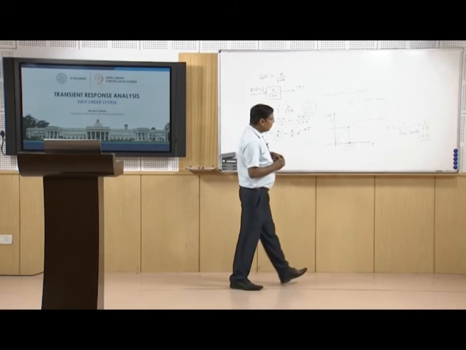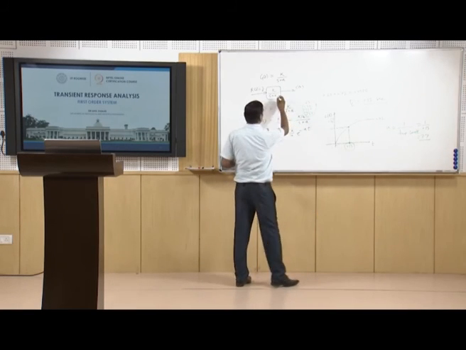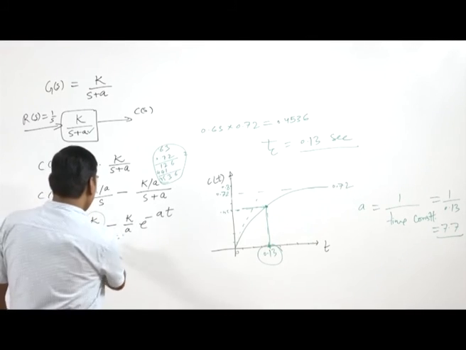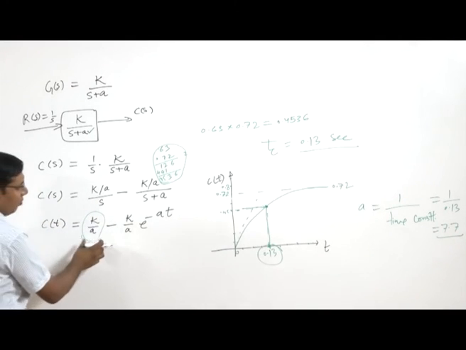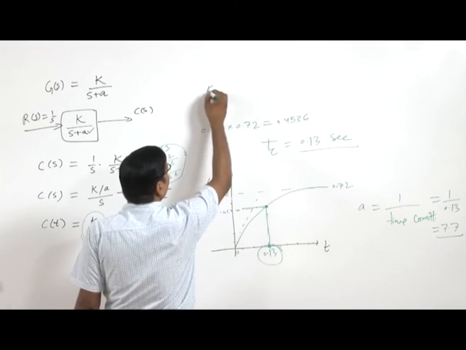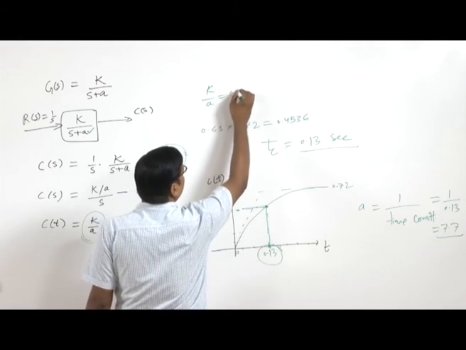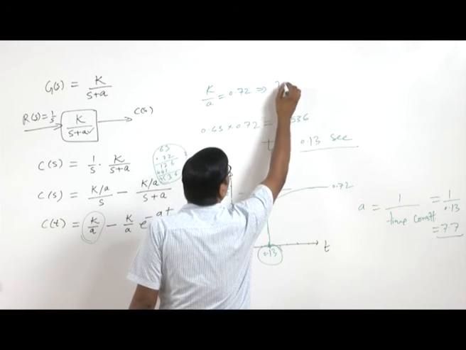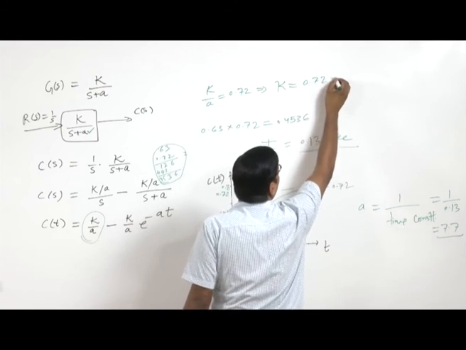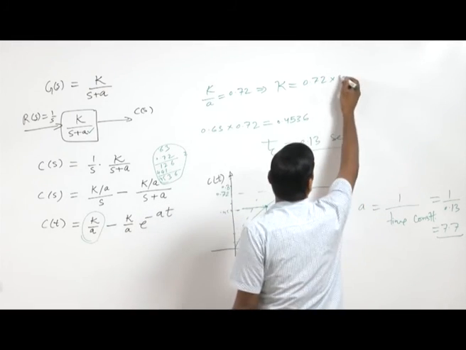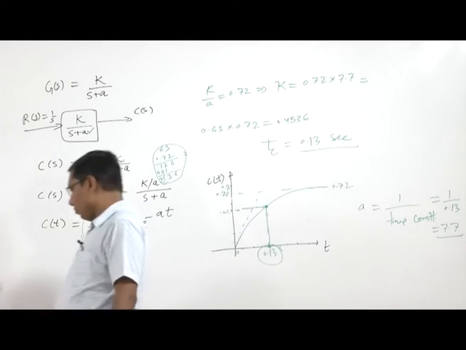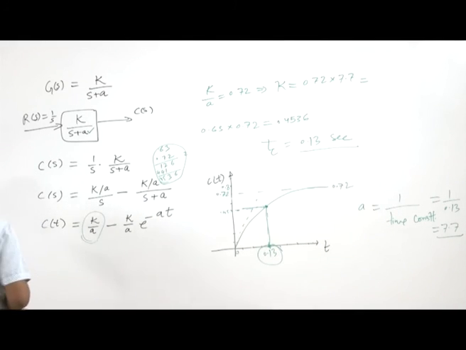Now we have got one parameter of this transfer function, a. Now we have to get k. So k by a is the forced response value, and that is equal to 0.72. So k is 0.72 into a, that is 7.7, and when we multiply this we can get 5.54.